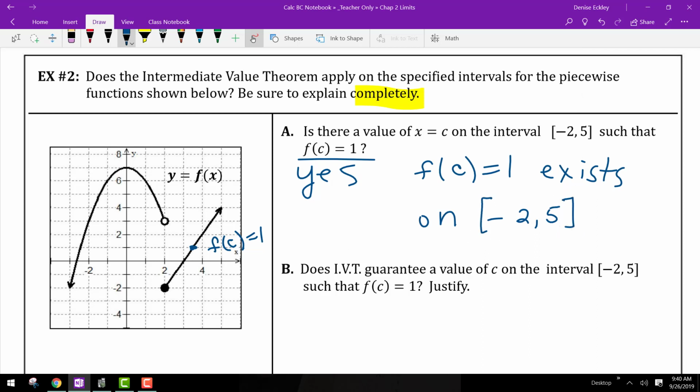Okay? All right, so the next question, this is the important one. Does the IVT guarantee a value of c on the interval negative 2 to 5 such that f of c equals 1? Justify.